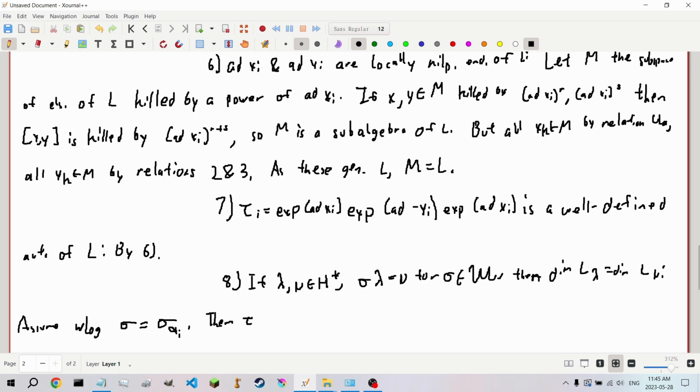Then the tau i we constructed in the last step coincides on the finite dimensional space L lambda plus L mu with the ordinary product of exponentials.